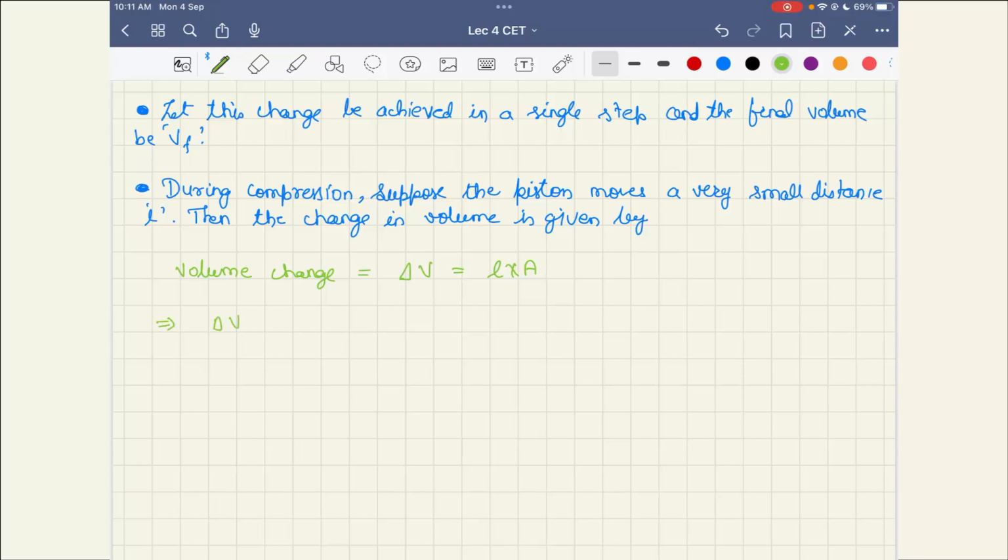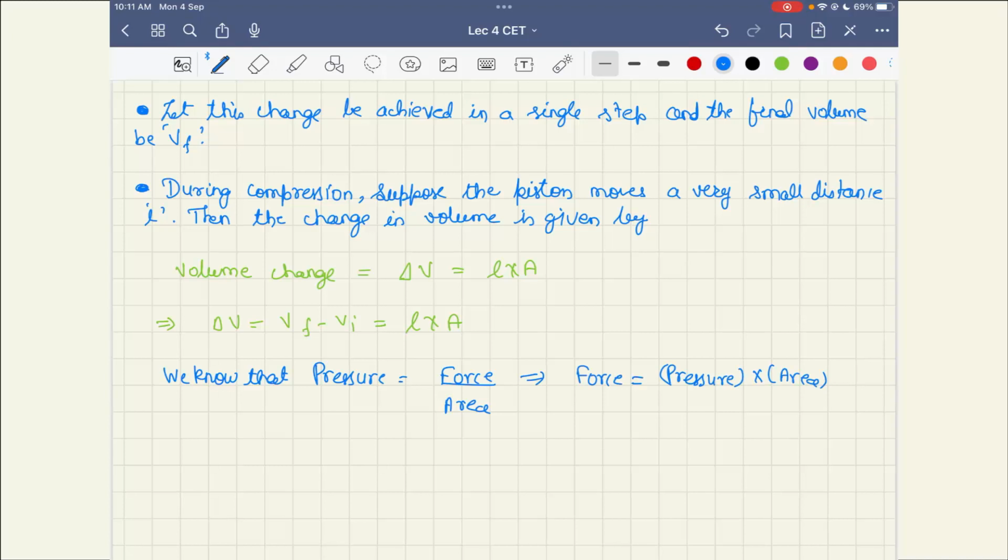Which implies delta V, which is VF minus VI, is going to be L into A. And then we know that pressure is nothing but force per unit area, which implies force is equal to pressure into area, right?